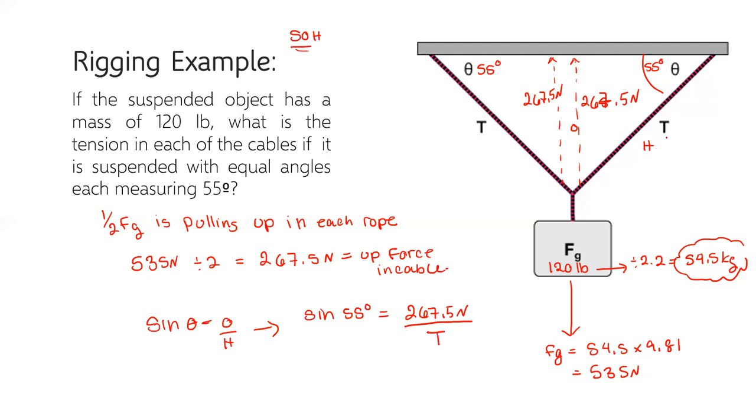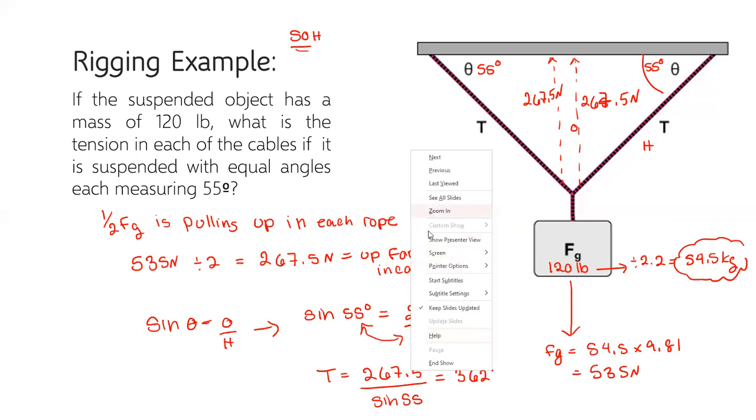So that's this value. This is the question where people often make mistakes rearranging, but it's an easy one. We trade places. Tension is equal to 267.5 divided by the sine of 55. Putting that in, you get a total for tension of 326 newtons.